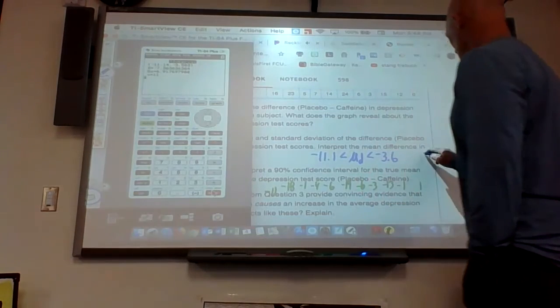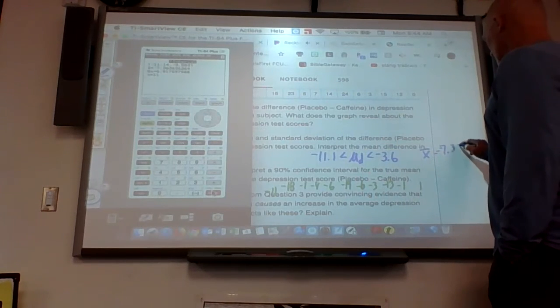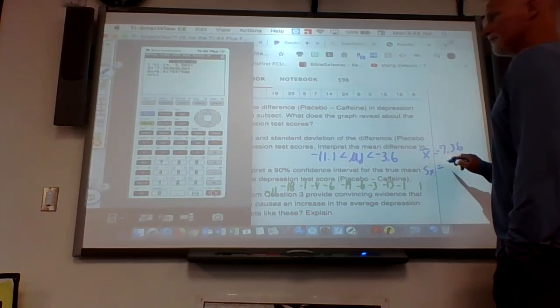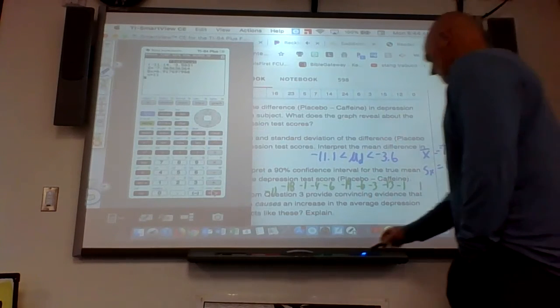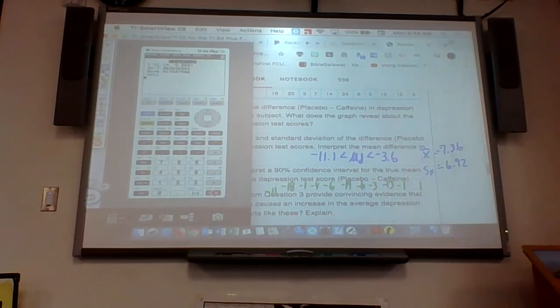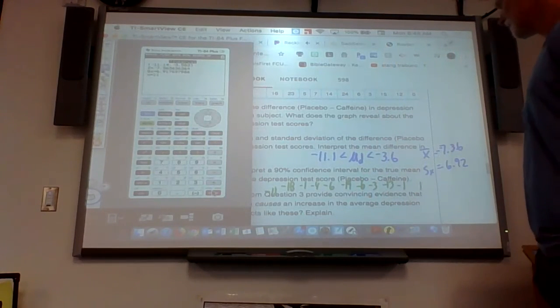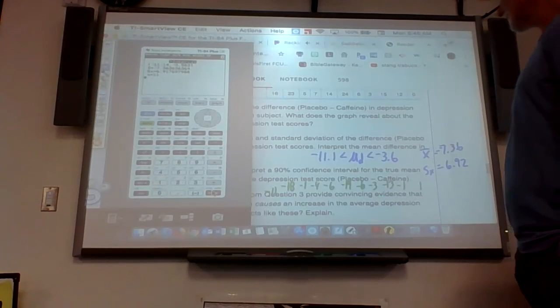And then our mean is negative 7.36. And our standard deviation would be 6.92. Now, remember the standard deviation is not a negative. It won't be a negative value because it's just always talking about the average difference.